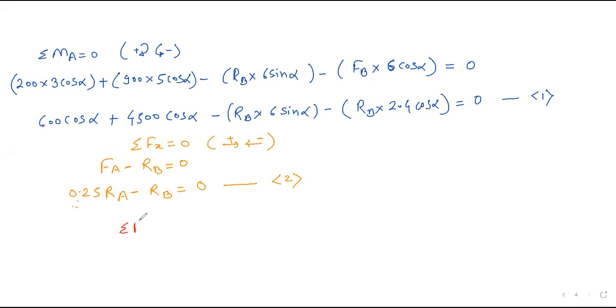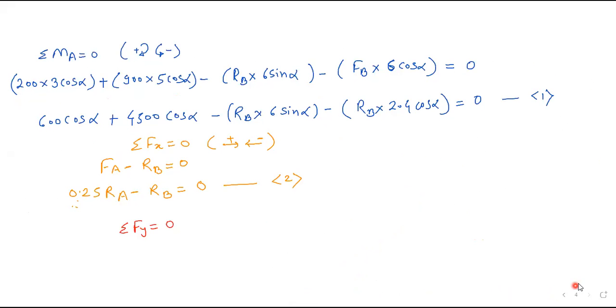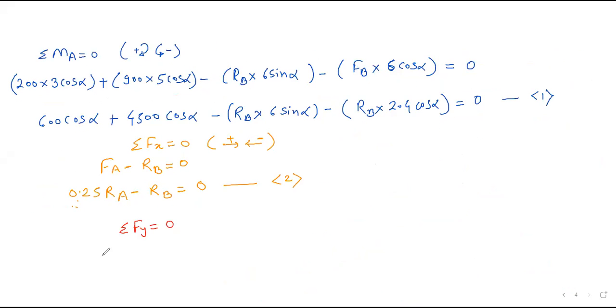Now if you apply summation Fy equal to 0, then Ra moving upward positive, Fb moving upward positive, 200 is minus, 900 is also minus. So Ra and Fb are positive. Ra plus Fb minus 200 minus 900 is equal to 0.